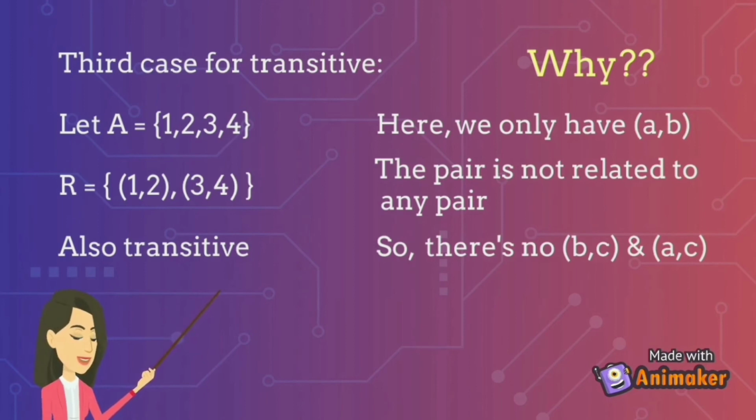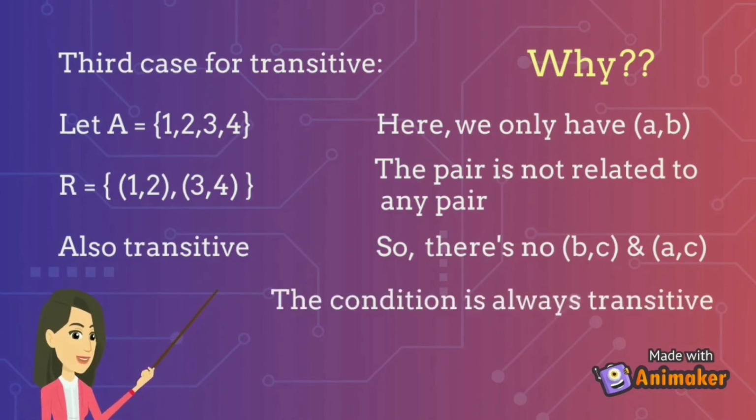You have to remember that only if there is a BC for your AB, then it is compulsory to have AC. If you cannot find BC, it is always transitive. The same goes for the pair of 3 4.